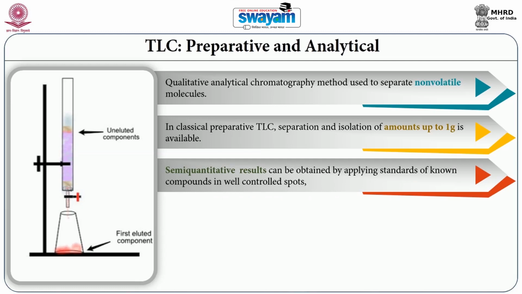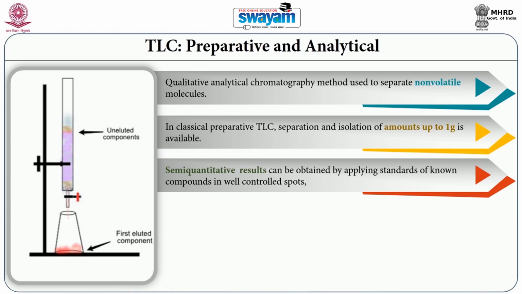And increasingly, many hyphenated techniques are being combined to make it even more quantitative. The other point about having a quantitative result is that automation improves both the accuracy and the reproducibility of the method. So, for example, for application of well-controlled spots, instead of manually applying these spots, it can be done by automated instrumental application.